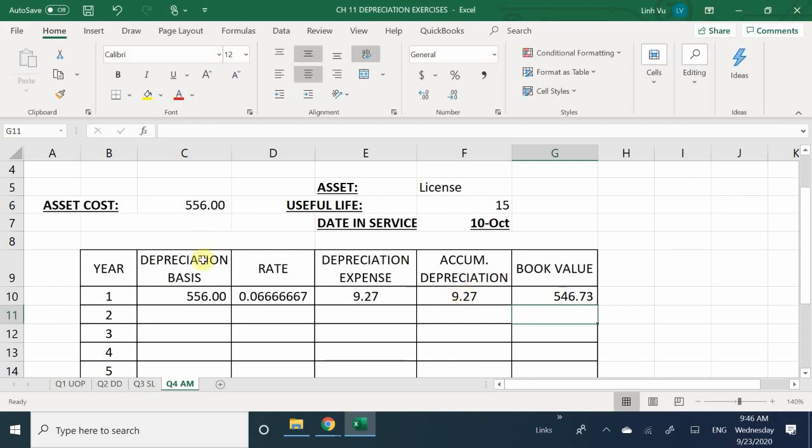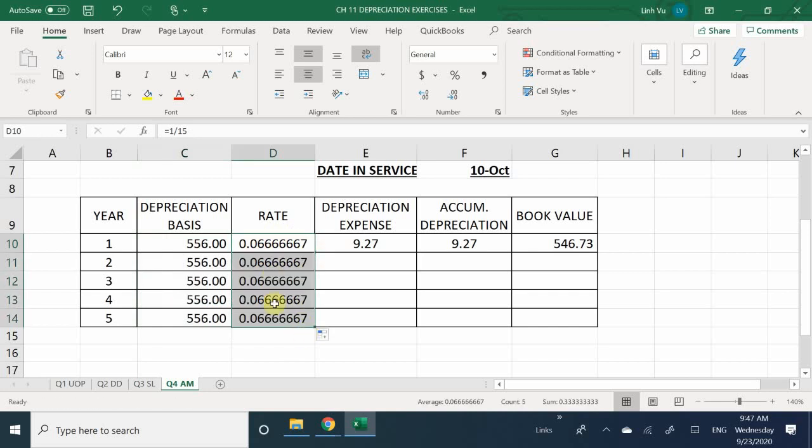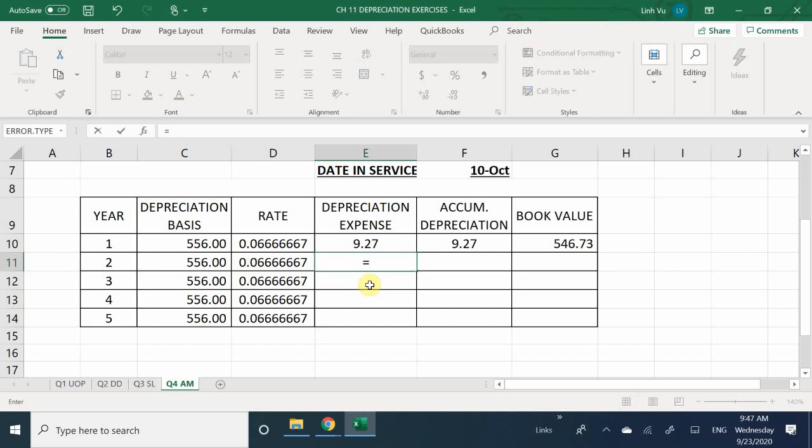So what do we know about our depreciation basis? It's going to be the same. What about our rate? Same. But this time, because our first year was a partial year, what is going to be my depreciation expense for the full year on year 2?